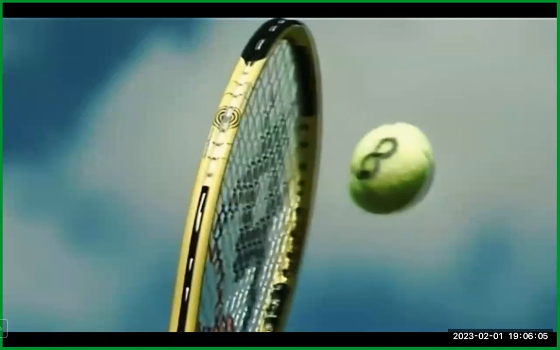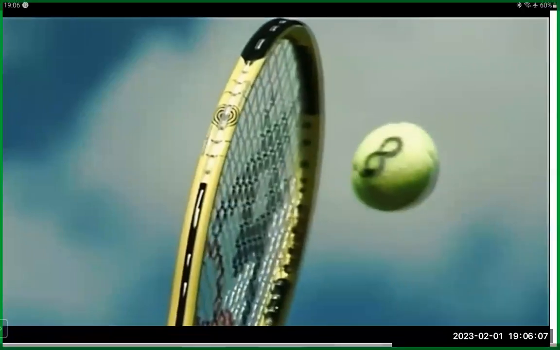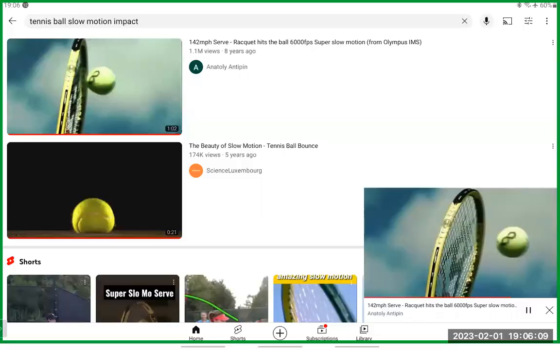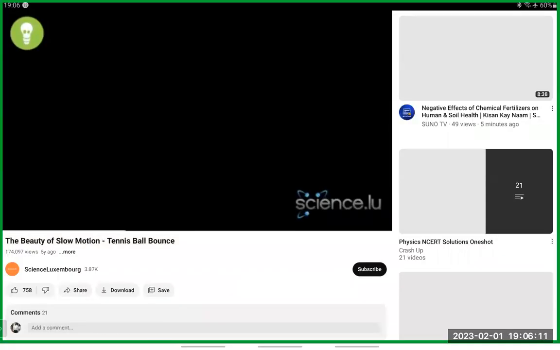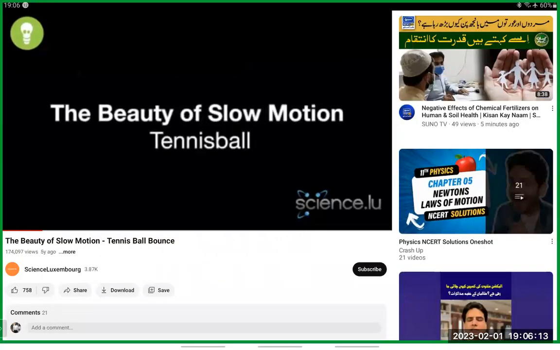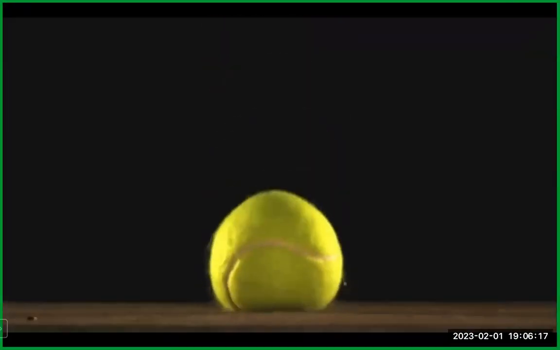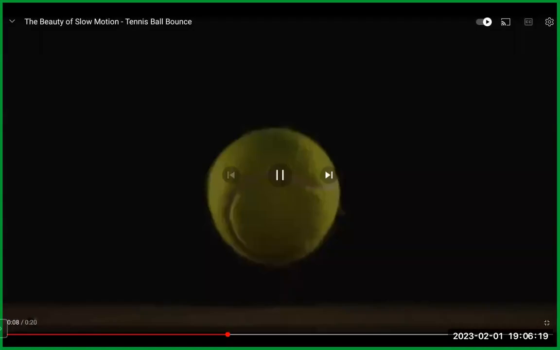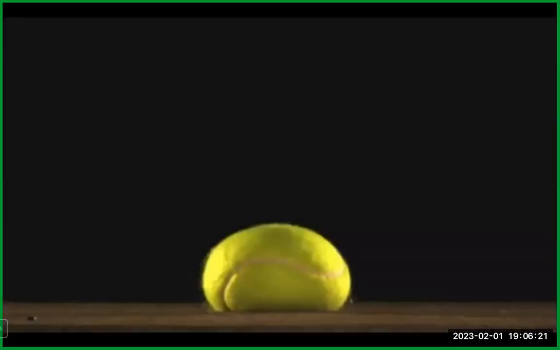Okay. So similarly, when the ball has an impact with the ground, see, this is what I'm talking about. When the ball hits the floor, do you see that de-shaping part over there?